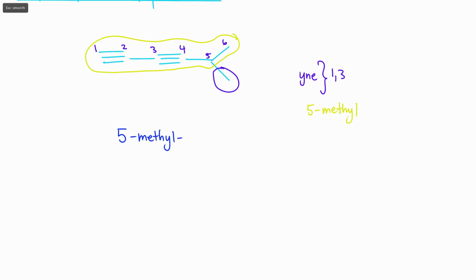We have 6 carbons, now the 6 carbon chain that contains the 2 triple bonds.